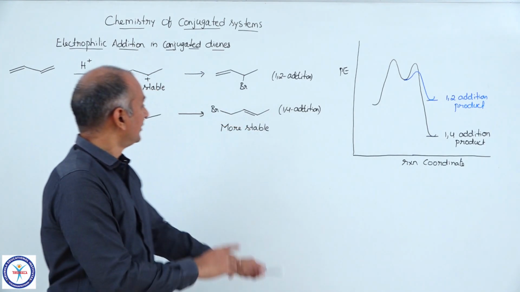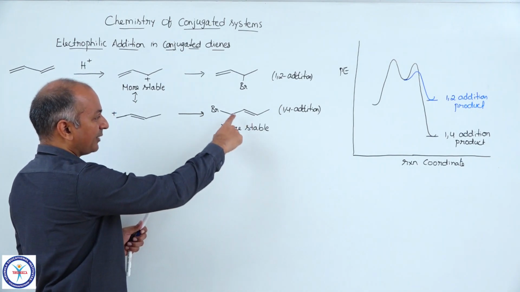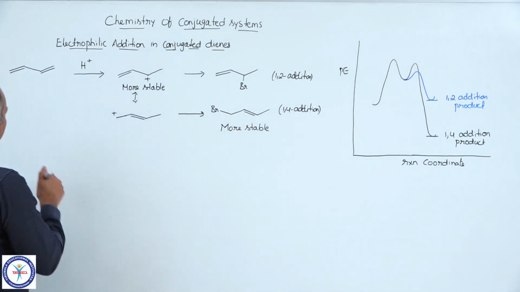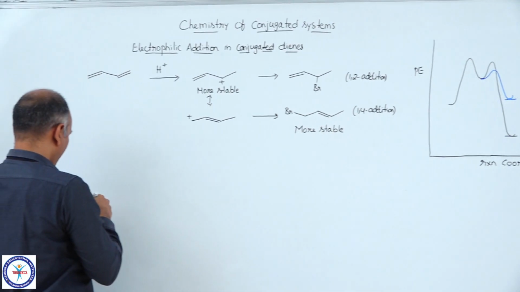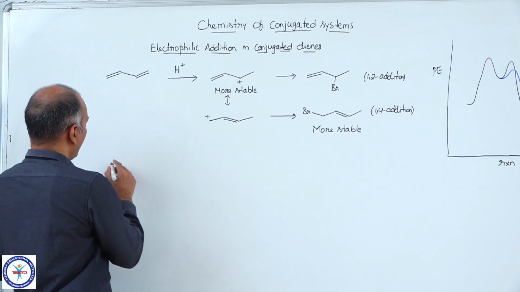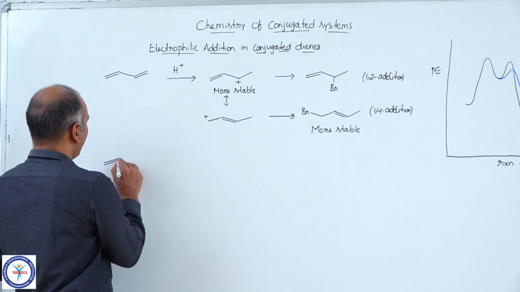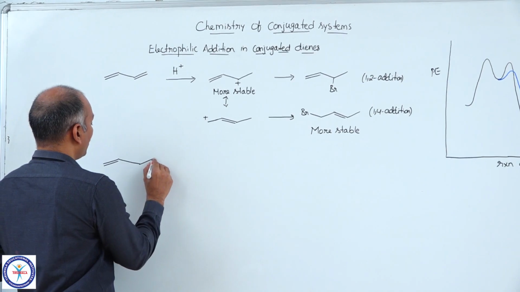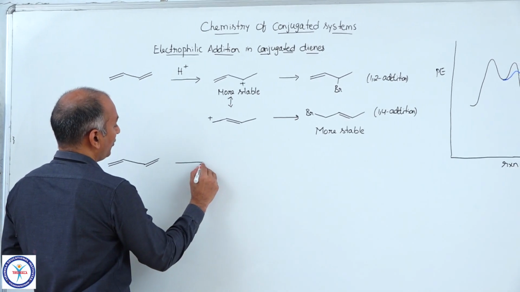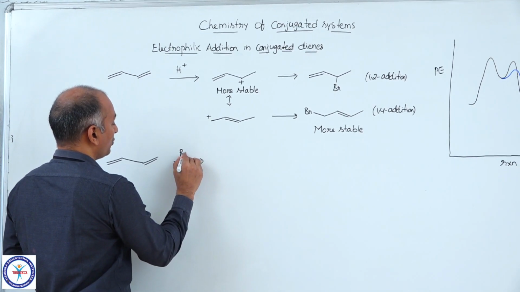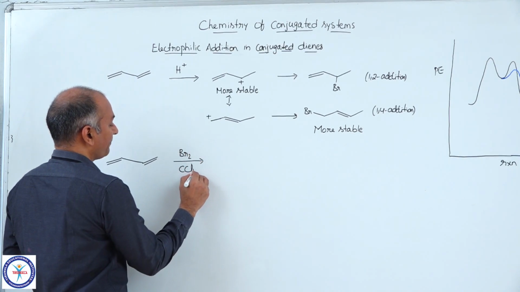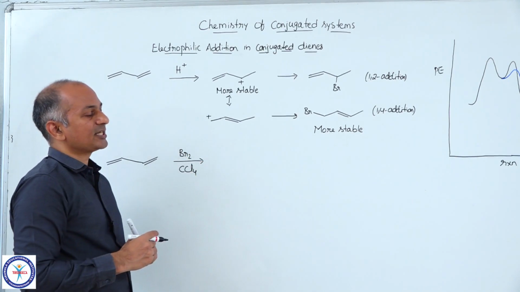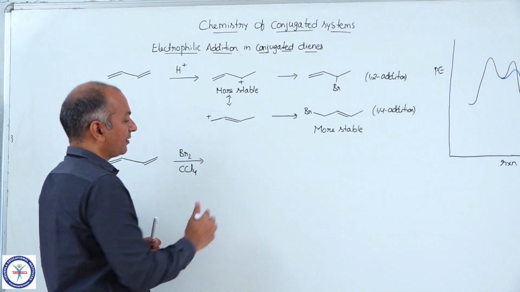Okay, and let me repeat the same thing with our other example, that is bromination. Now suppose you take 1,3-butadiene and you add Br2 in the presence of CCl4. All of you recall in bromination the intermediate is a cyclic halonium ion.